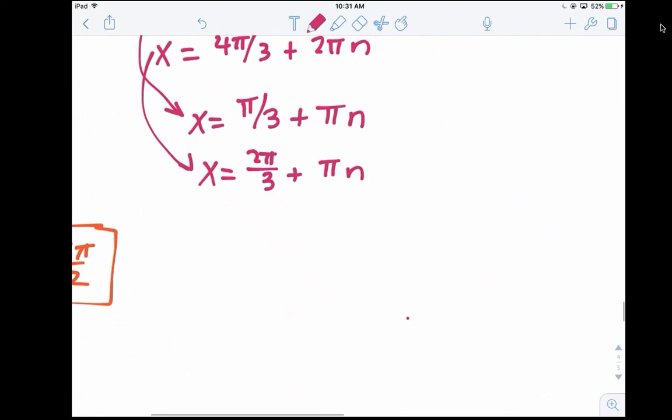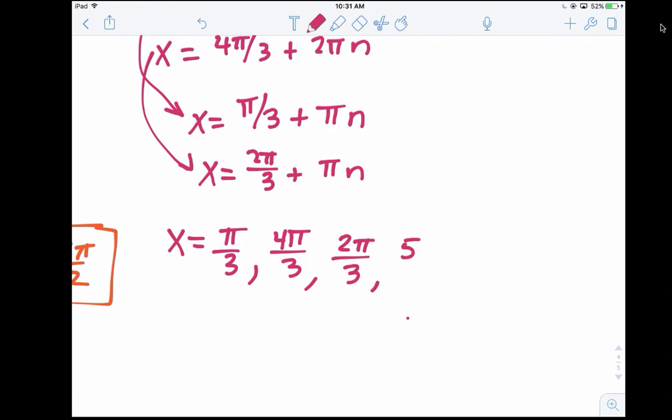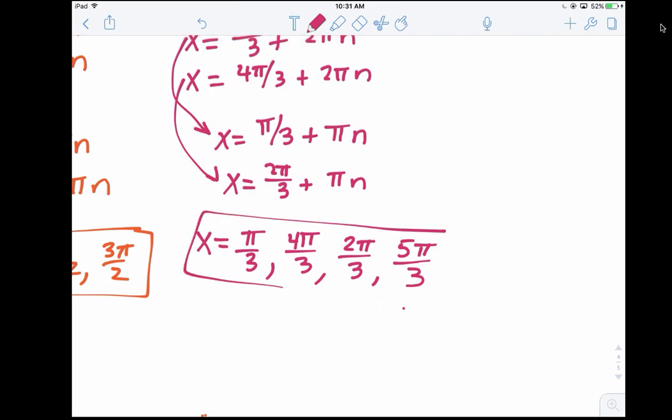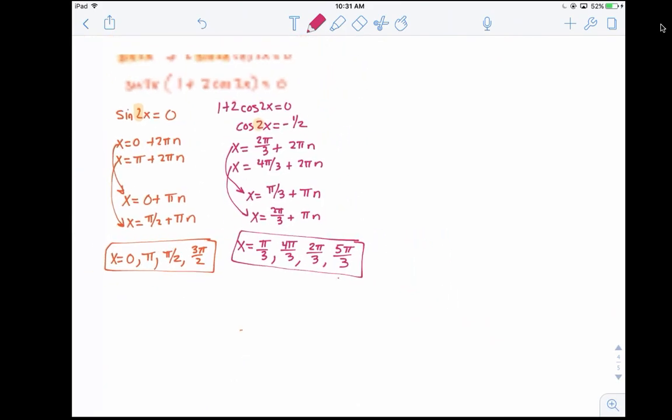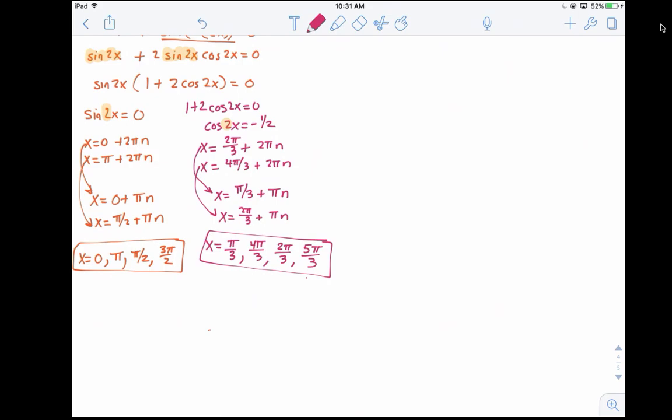Okay, so now your particular solutions would be pi over 3, and pi over 3 plus pi is 4 pi over 3, and then 2 pi over 3 plus pi would be 5 pi over 3. All right, so those are your other 4 solutions. So for that one, you should be getting eight total solutions, right? And they're all between 0 and 2 pi.